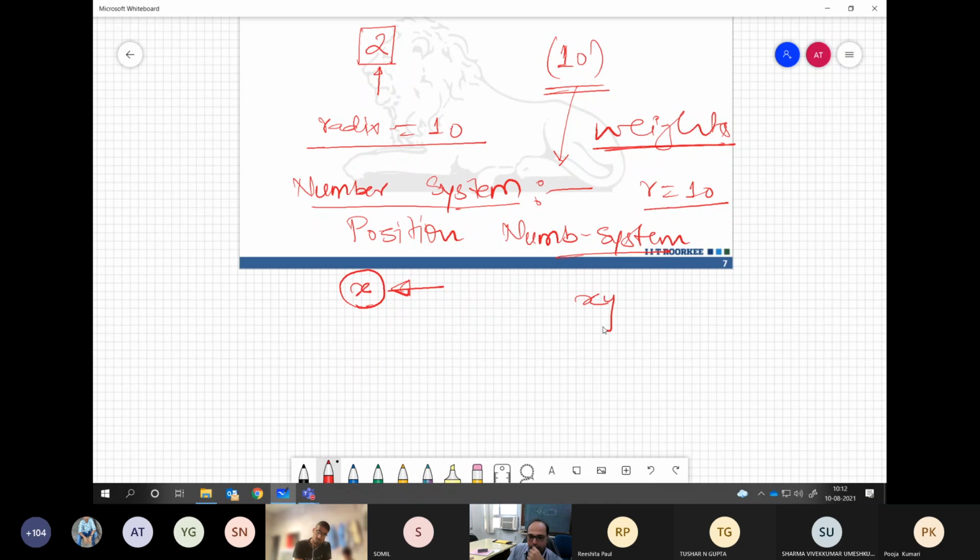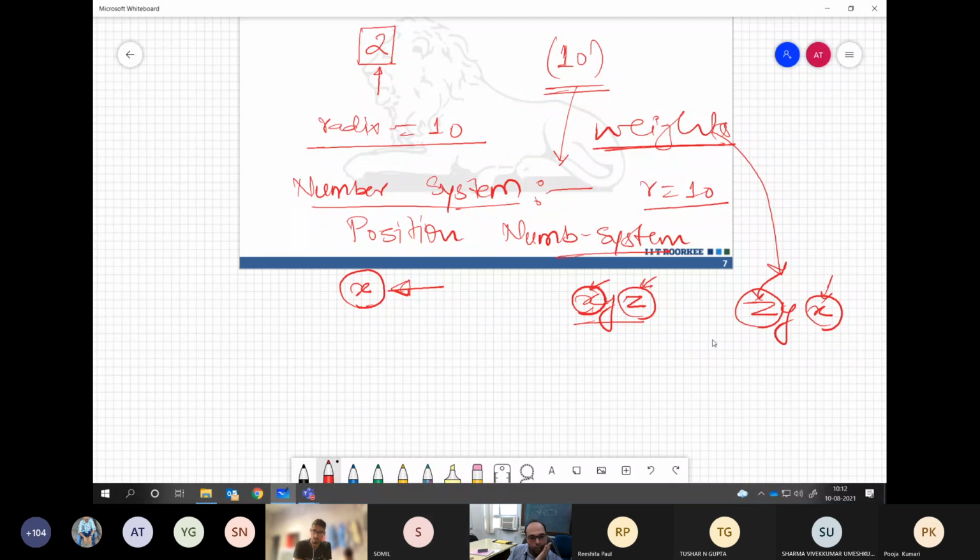Let's say you write a number xyz or zyx. Now z and x are interchanging their positions, so the values associated with these are also changing. Is that what you mean by weights also?